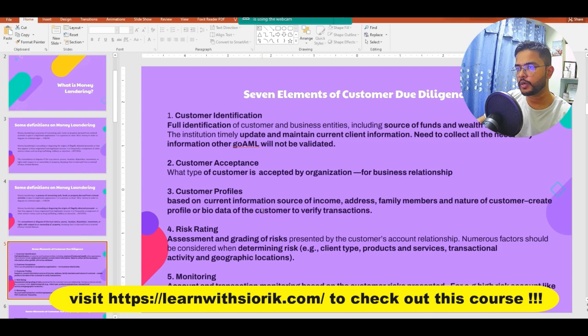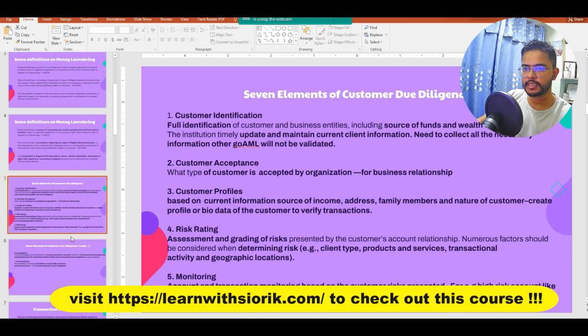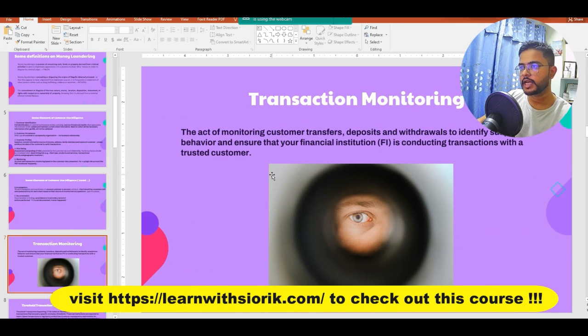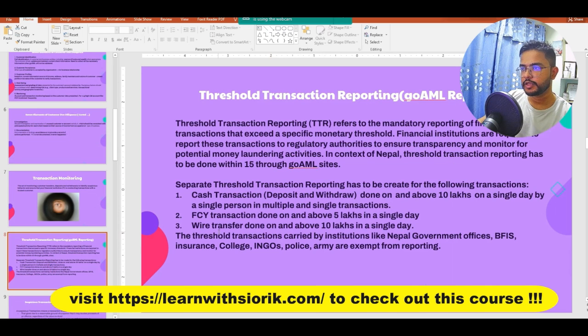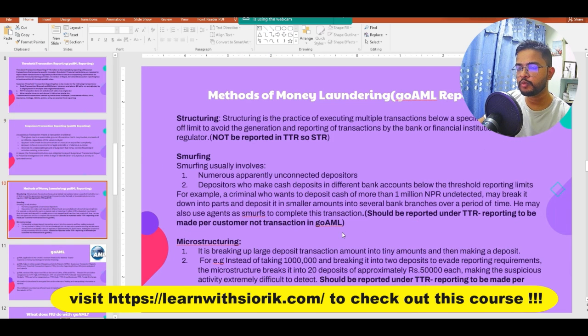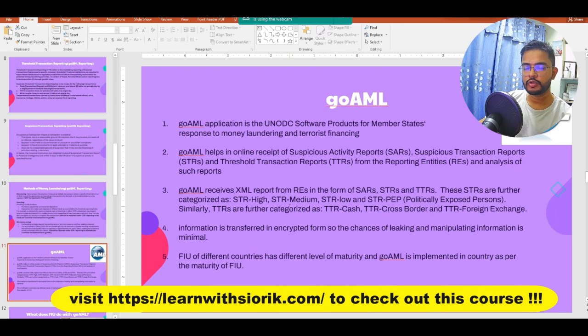We'll just cover those concepts and ideas which are needed for implementation of goAML. That includes the 7 elements of customer due diligence, the concept of transaction monitoring, as this is very important, threshold transaction reporting, suspicious transaction reporting, and we'll also discuss different methods of money laundering that should be captured and reported through goAML.